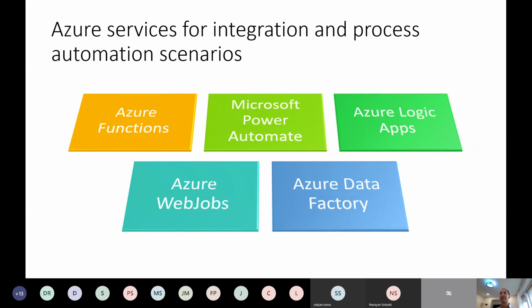If you're not familiar with them, we get to that a little bit later. Azure WebJobs, which I think is the oldest one from this family. Azure Data Factory. This one is mostly for our DB. I love it, right? It's kind of like a SQL to SQL thing, right?